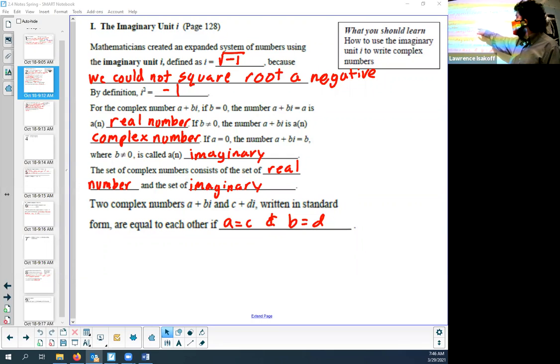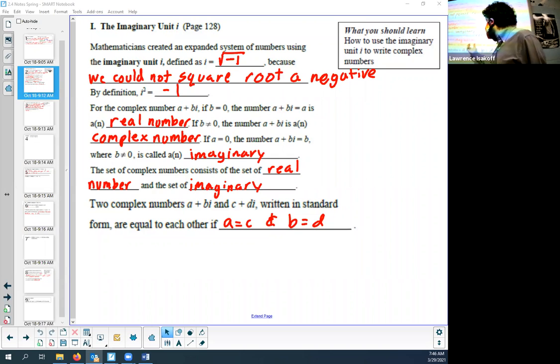The number a plus bi, if a is equal to 0, is purely imaginary. The set of complex numbers consists of the set of real numbers and the set of imaginary numbers. Yeah, this is just very technical mathematical terms here.